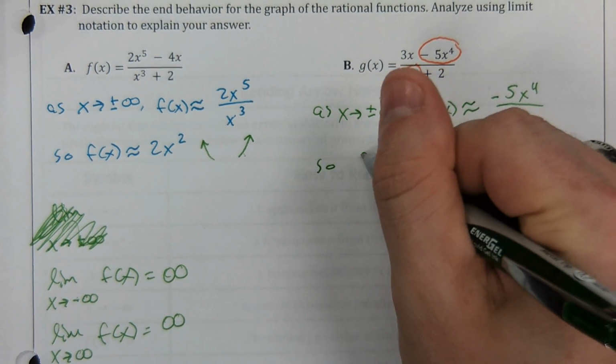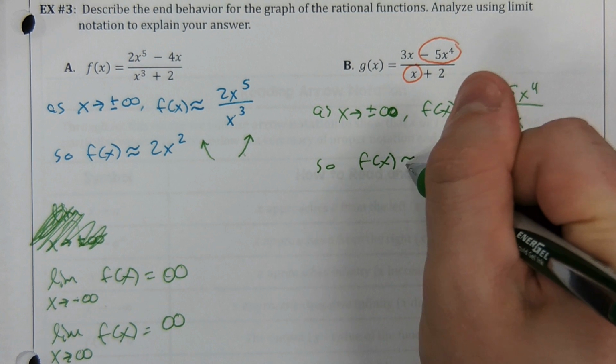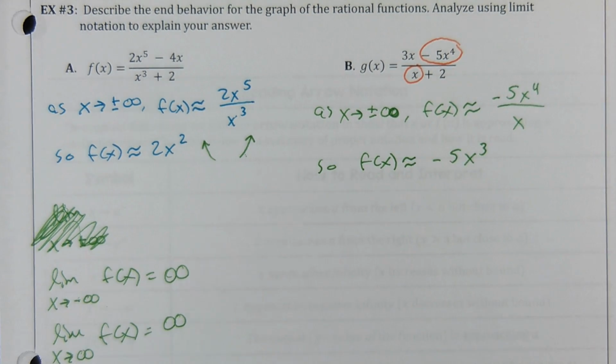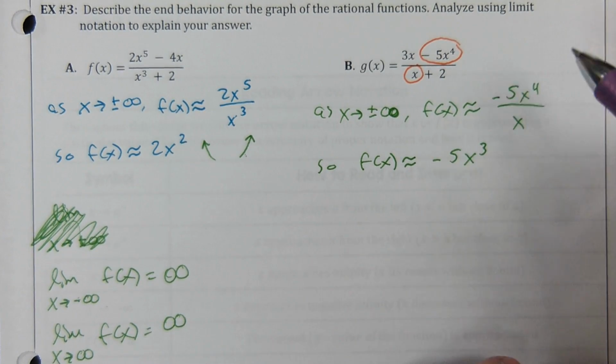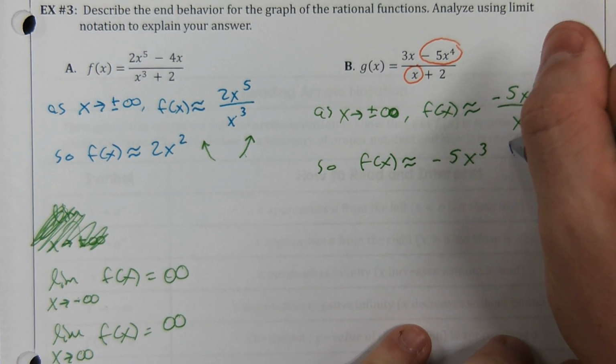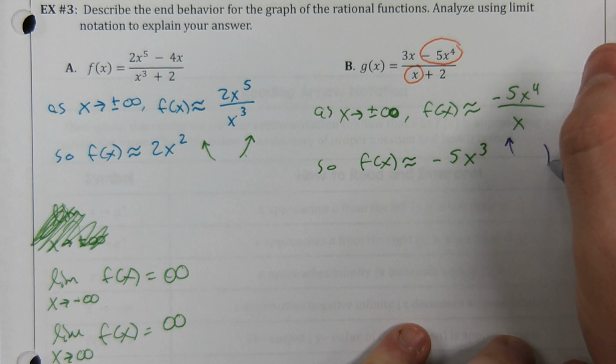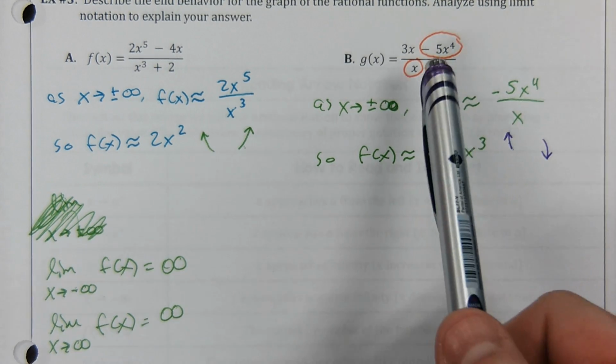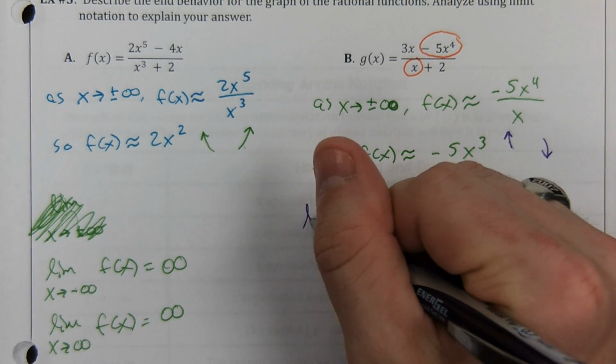And that reduces. So our function will start to look like negative 5x to the third. And I'm hoping, because we just tested on it, that you all know that a negative cubic has endings that go left up, right down. So that tells you what the end behavior for our f of x looks like.